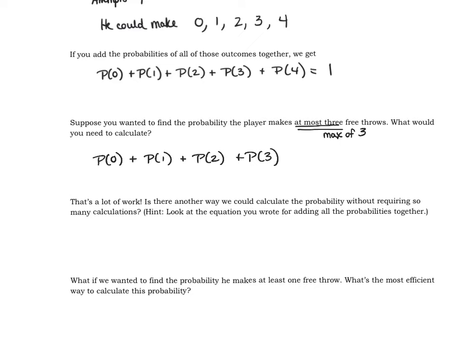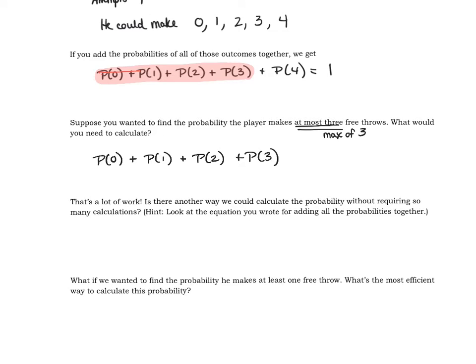If we go back and look at the equation that we wrote for adding all of those probabilities together, notice that right here, let me turn on the highlighter, right here is what we want. That's the probability of 0 through 3 free throws being made.